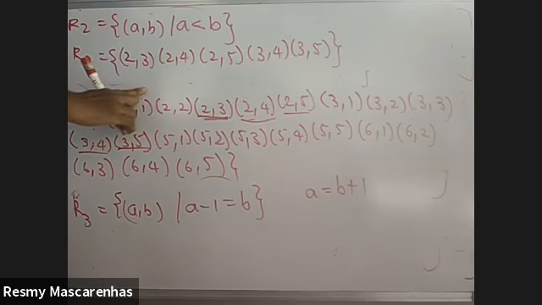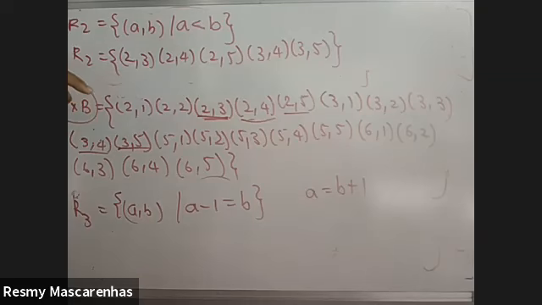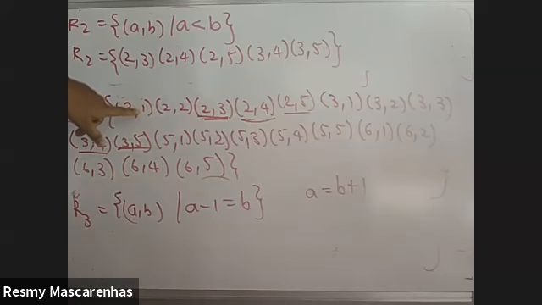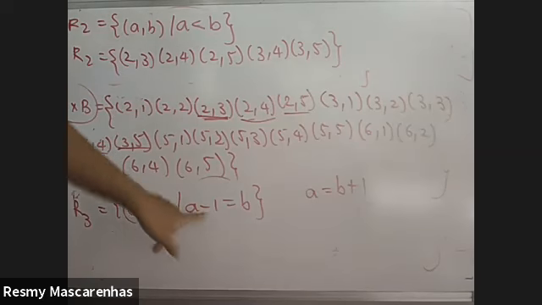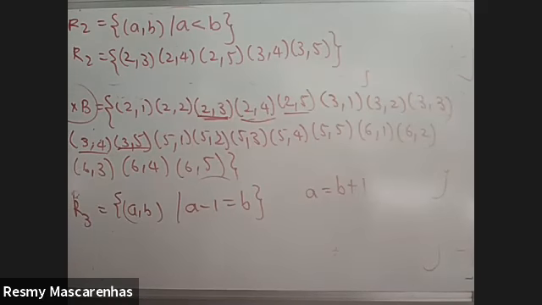So check only those pairs. Try 2 comma 1, yes. 3 comma 2, 5 comma 4, wait, the other way around, 3 comma 2. A minus 1 has to be equal to B. Correct.